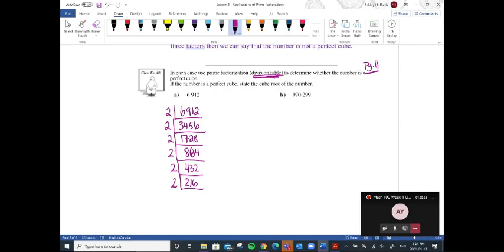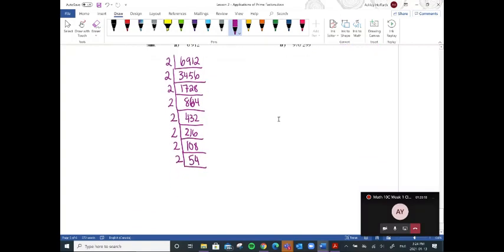Divide another 2. 108. This is going to be a long one. Divide another 2. These are all even, so it makes it easy. 54. Divide another 2. 27. Finally, we don't have an even number, but 27 we can divide 3 out. That will leave us with 9. And then we can divide 3 out of 9, and that leaves us with another 3.